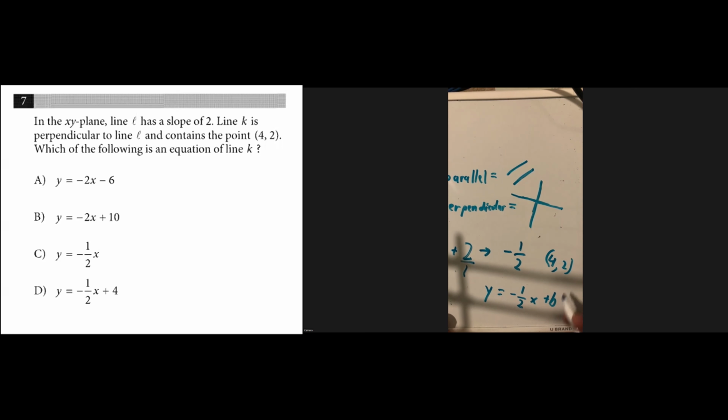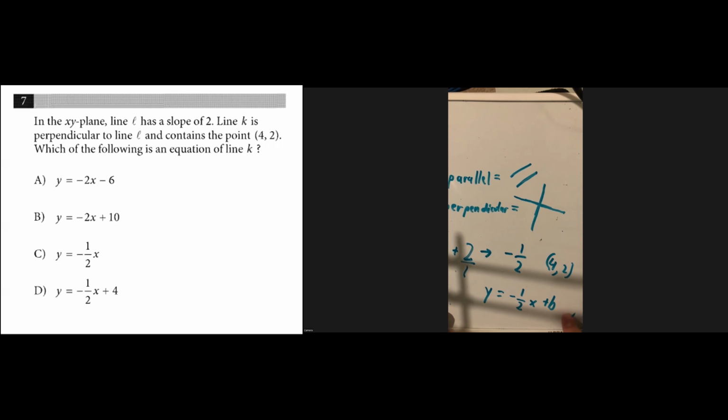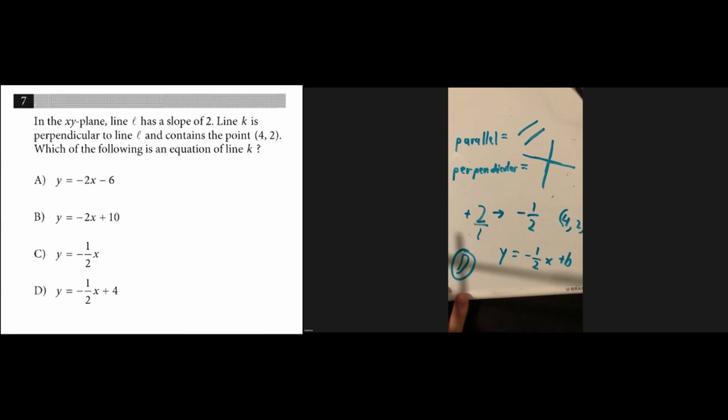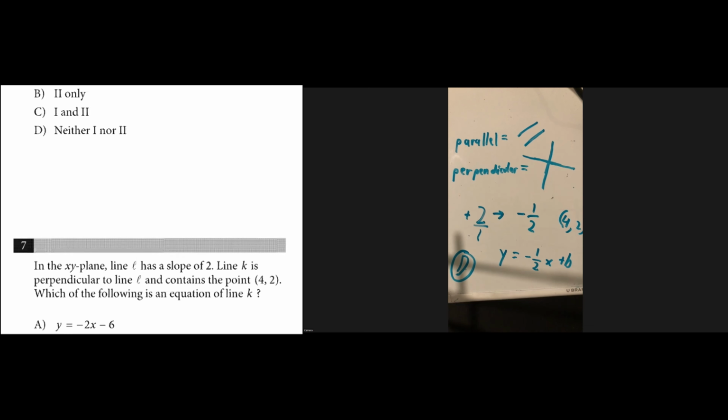So the correct answer here would be answer choice D. Because we have a negative slope, our y-intercept has to be at a larger y value than the y value for x equals 4.